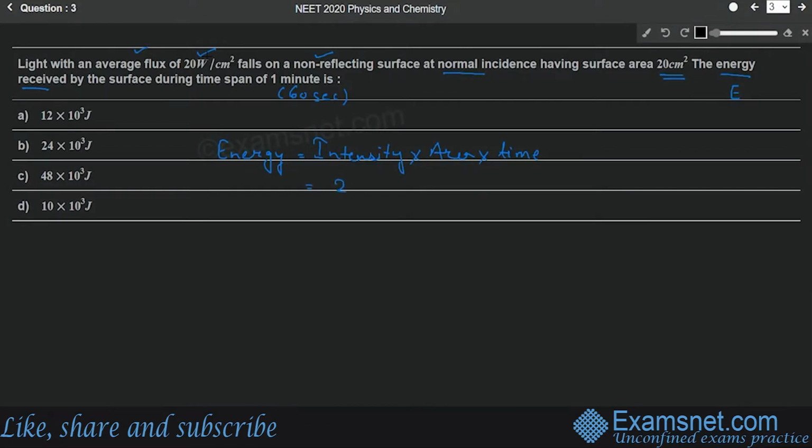So it is equal to 20, then area is also 20 centimeter square, so 20 again, and time is 60 seconds, so we'll write 60, and the unit for energy will be joule. On solving this, we'll get 24 into 10 to the power 3 joule. So out of the given options, option B will be the correct answer.